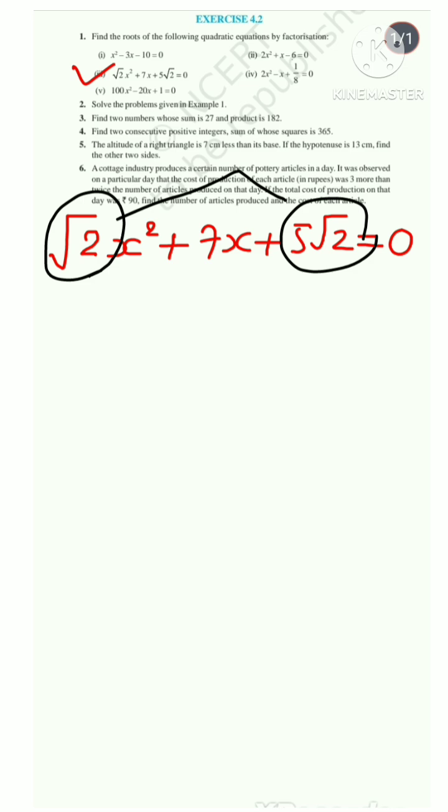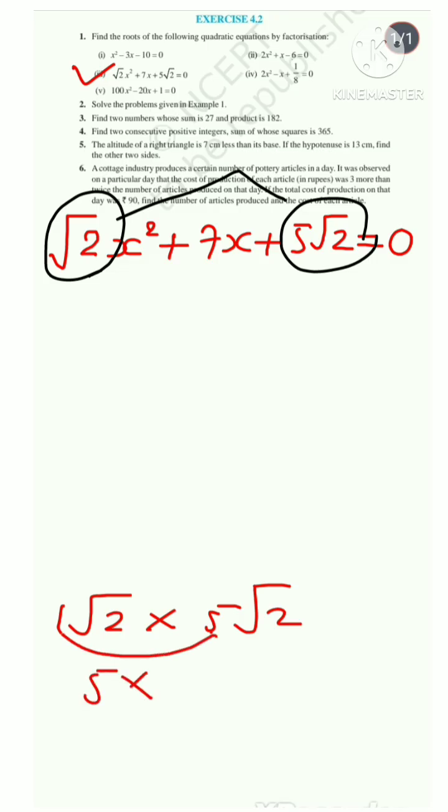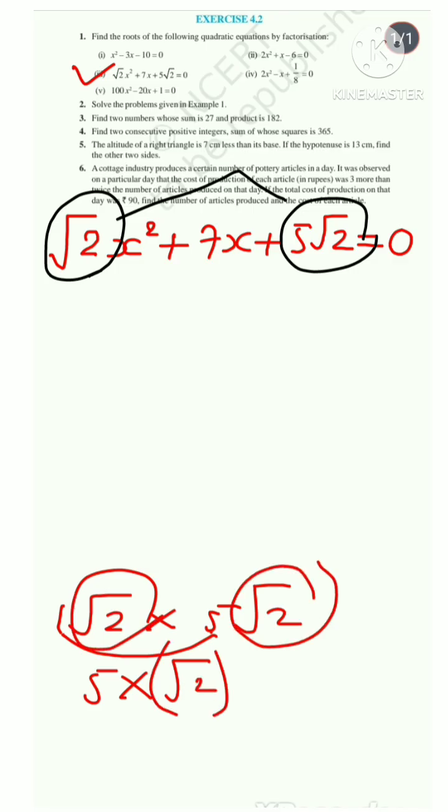Okay, let's multiply over here. Root 2 into 5 root over 2. Okay, firstly let's assume here 1, and 5 into 1, 5 into, and root over 2, and this root over 2 can be written root over 2 whole square, and this square and this sign of root can be cancelled out, and here remains 5 into 2, 10.